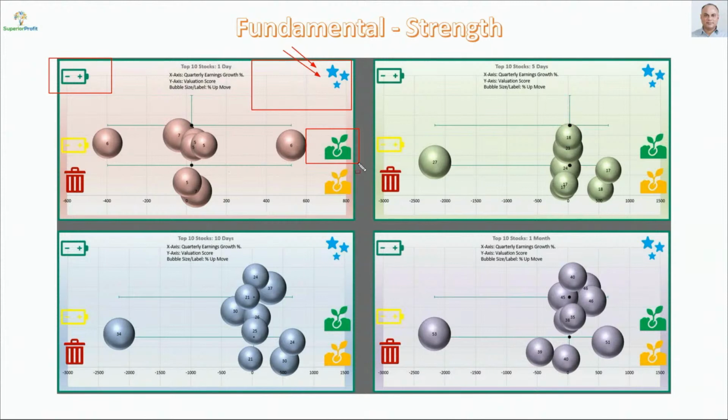What is the third choice? The third choice is stocks that are still showing earnings growth, but already have become overvalued. This is also growth. This is also growth. The difference is that 3-star is growth with undervaluation.